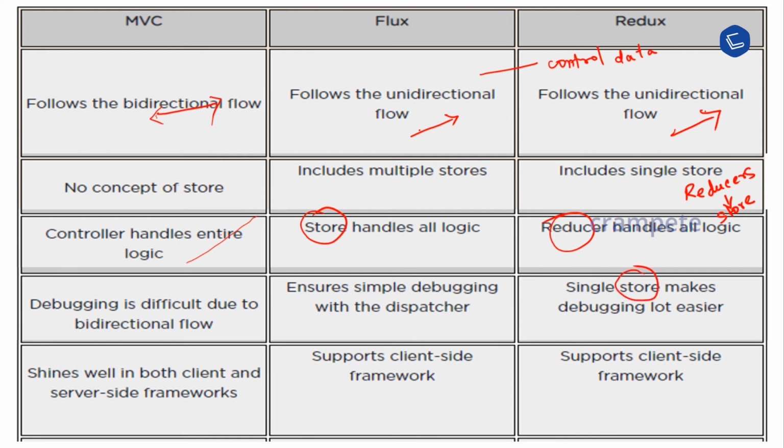Now, where this can be used is, MVC is popular in both client-side and server-side frameworks, whereas Flux supports only client-side frameworks, and Redux does the same. Because in MVC, there is no shortage of front-end frameworks which can support you to connect with MVC, like AngularJS or Ember or Backbone.